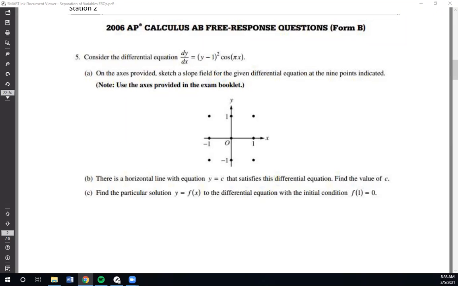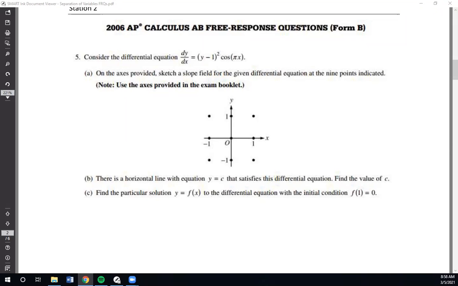I want to preface what you're about to see. Each free response question is worth a total of 9 points. They score it on a 9-point scale, and each part of the question is worth a certain number of points. So in this case, part A, the slope field is worth 2 points. Part B, this question is worth 1 point.